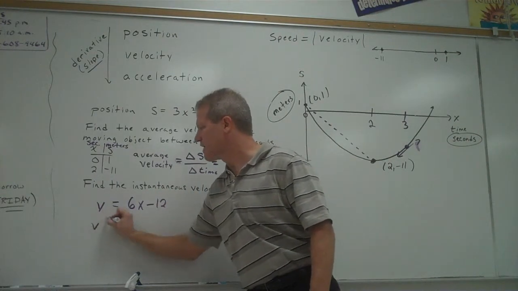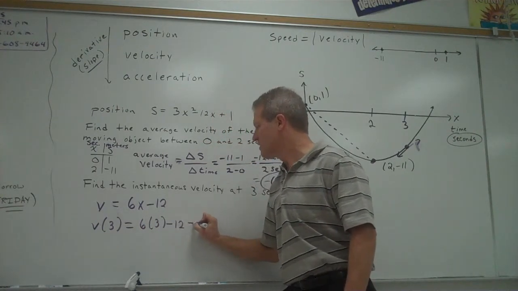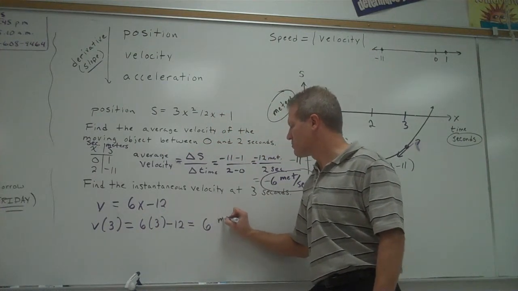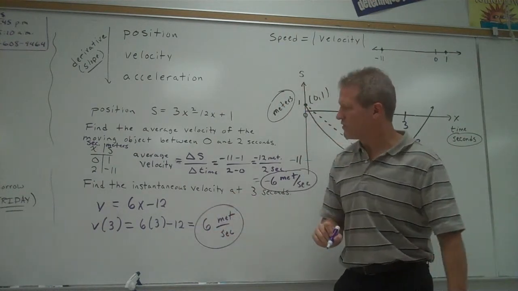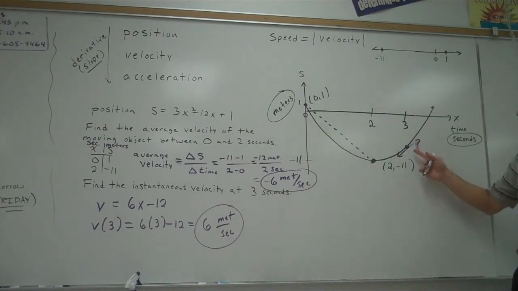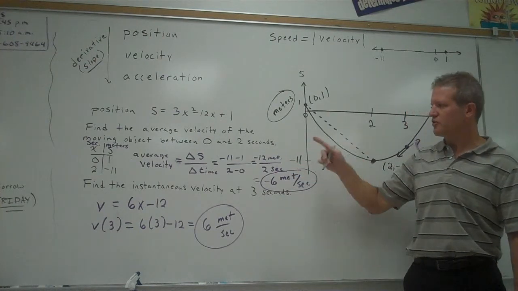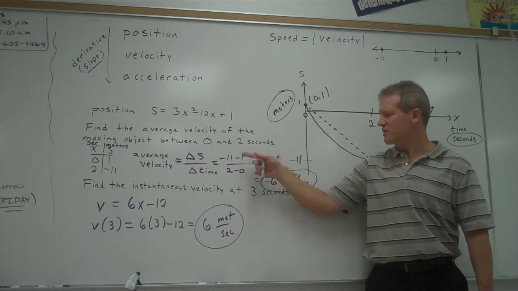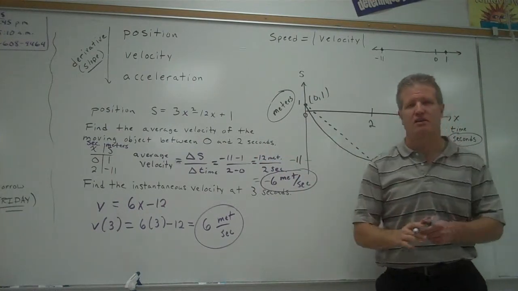Then plug in your 3 seconds, the velocity at 3 seconds. 6 times 3 minus 12, 18 minus 12, you get 6 meters per second. So if you have to get instantaneous velocity, I would suggest, yeah, use the velocity equation. The slope right here is 6 meters per second. But if you want average velocity, just use your good old slope formula from Algebra 1 and use the position equation. Okay, so that's something to kind of keep track of for tomorrow.